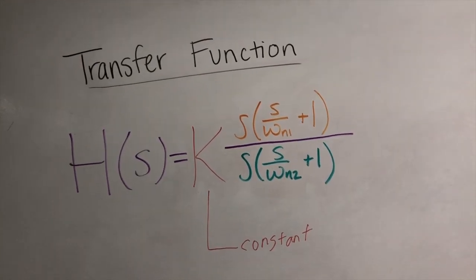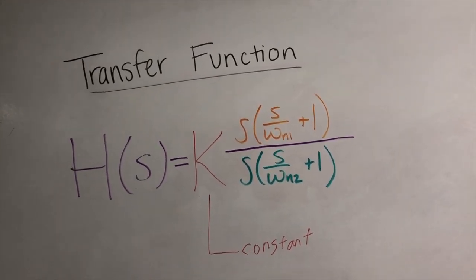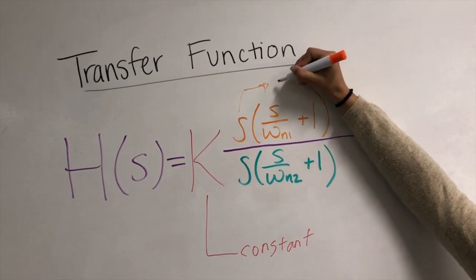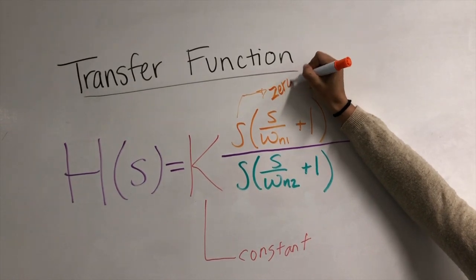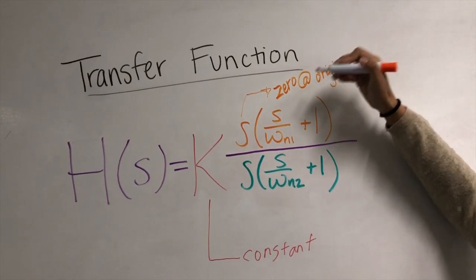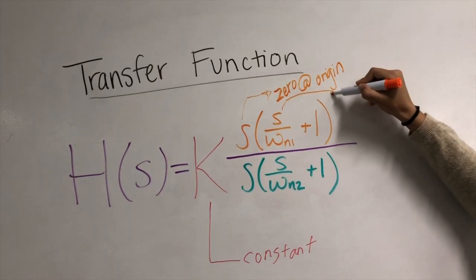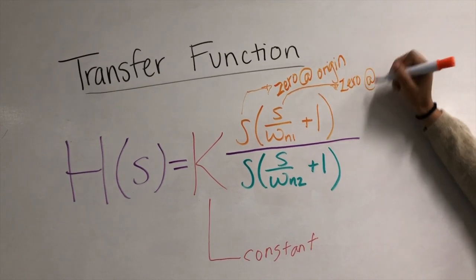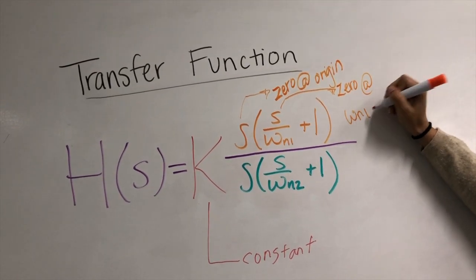in the numerator, you have something called zeros. In the very front, you have a zero at the origin. And here, you have a zero at frequency WN1.